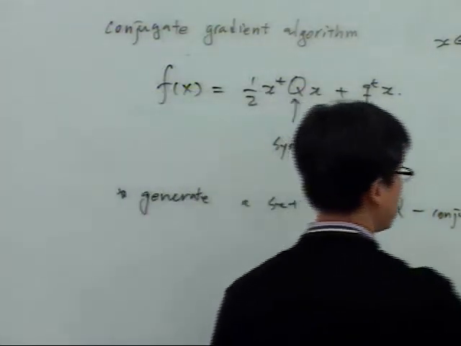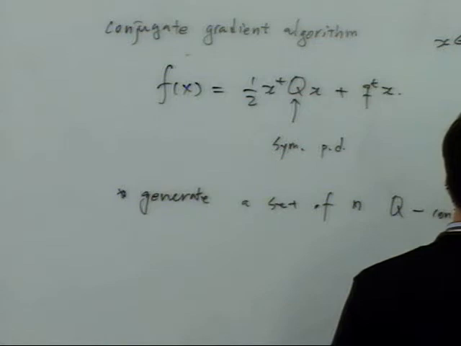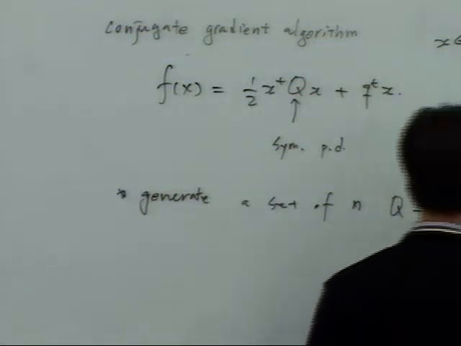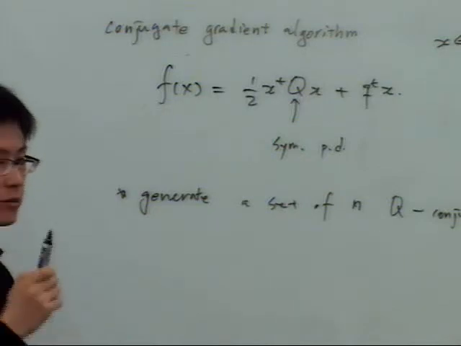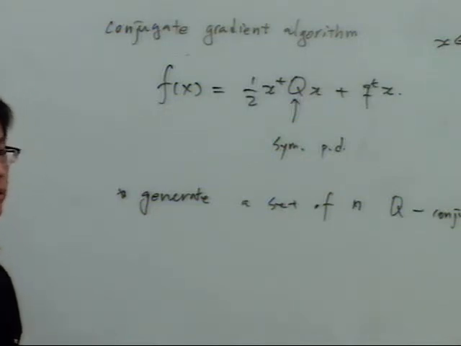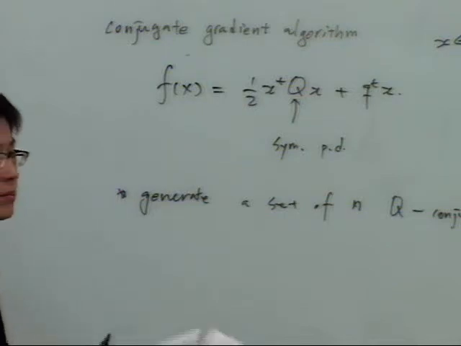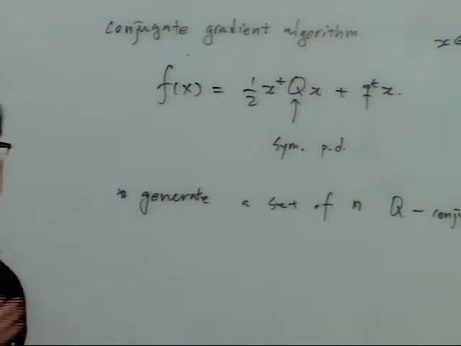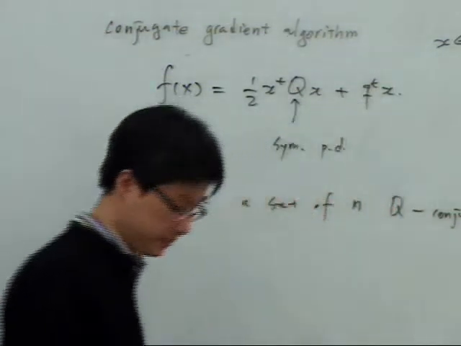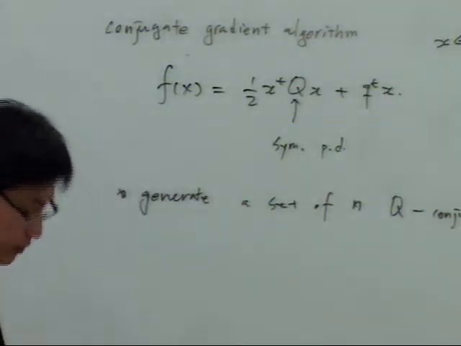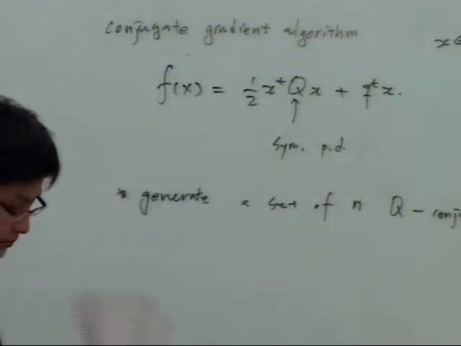And I'd like to add this on the slide, which means in every iteration we have to calculate that conjugate direction. Not pre-calculate all possible conjugate directions, but do it on the fly on every iteration. One direction at a time.